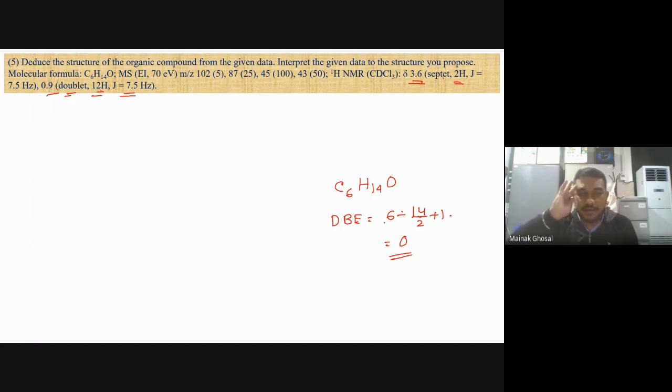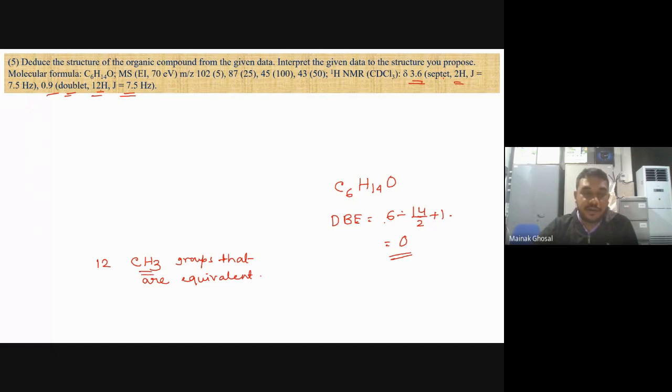If you see this molecule, the first thing that comes to mind is there could be 4 methyl groups which are equivalent, giving 12 protons. This is the first guess that comes to your mind.